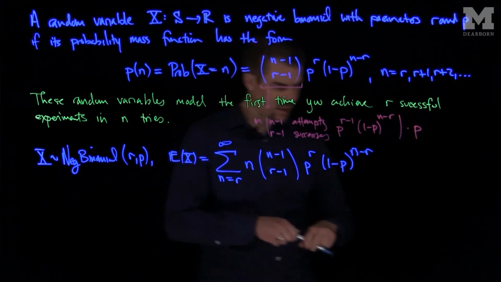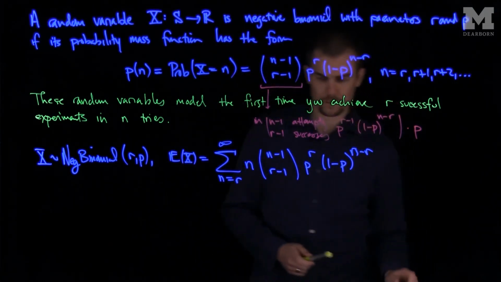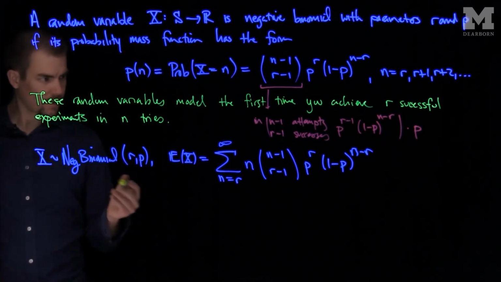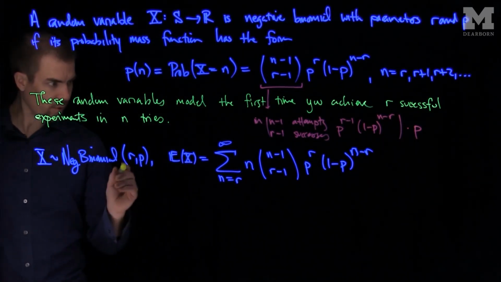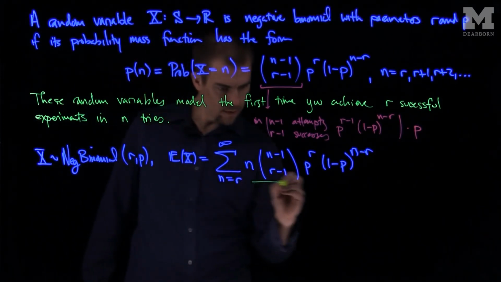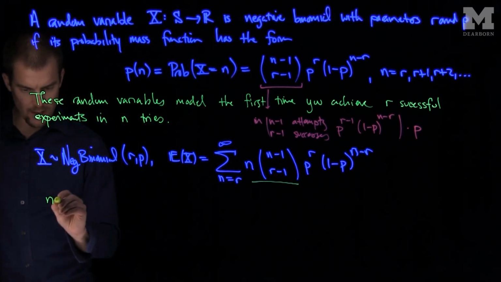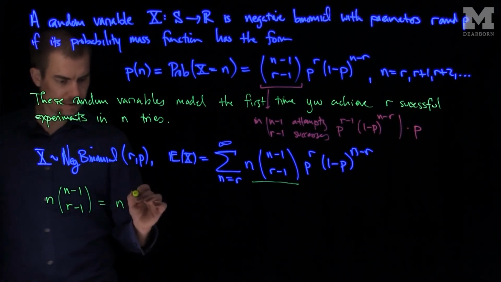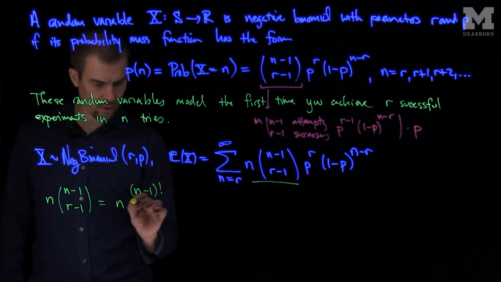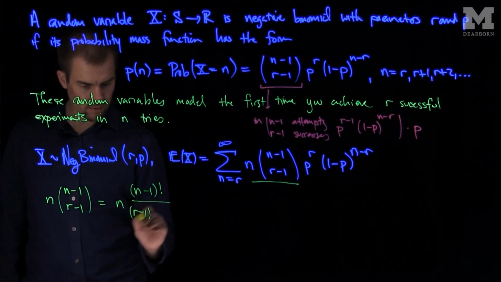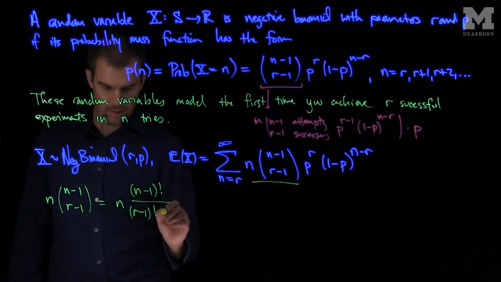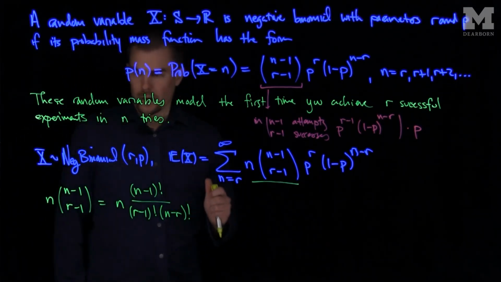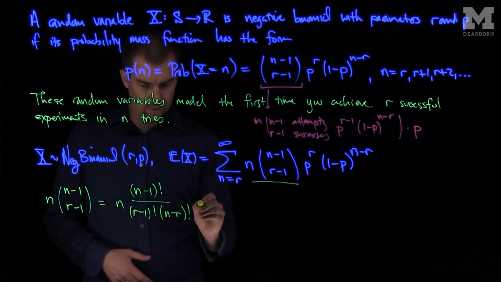And so we'll do the same trick as with binomial. We can take this n times n minus 1 choose r minus 1 as n times n minus 1 factorial over r minus 1 factorial and then n minus r factorial, and write this as n factorial, and I'll put an r on top.